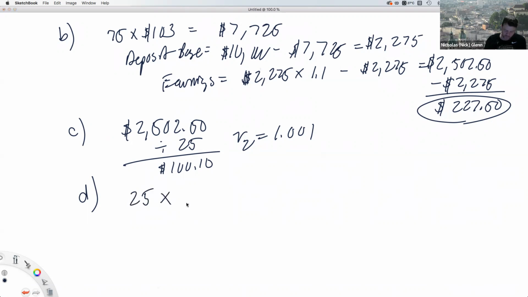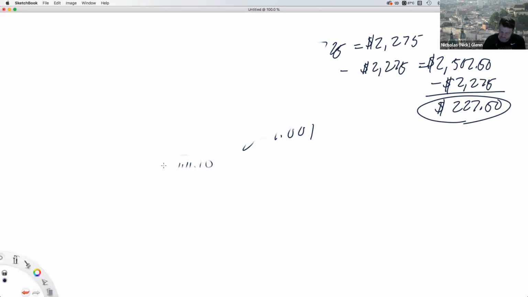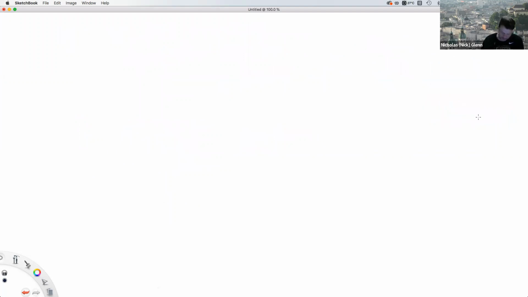Okay. So how much money do people need? Well, let's erase this and start over so I can get everything here on one page. All right, so this is part D. First, we need to find out how much money we need in time period 2 to pay out to these remaining 25 depositors.